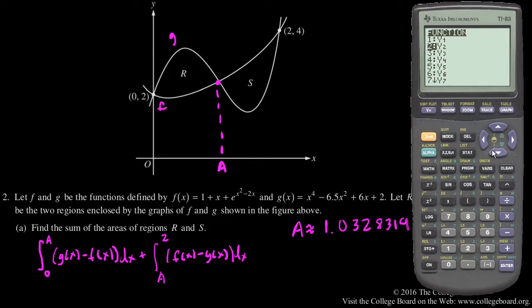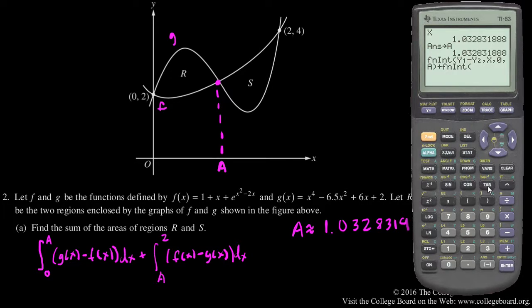So g was y2 minus f, y1, with respect to x from 0 to a. And I'm going to add on the integral of f minus g.